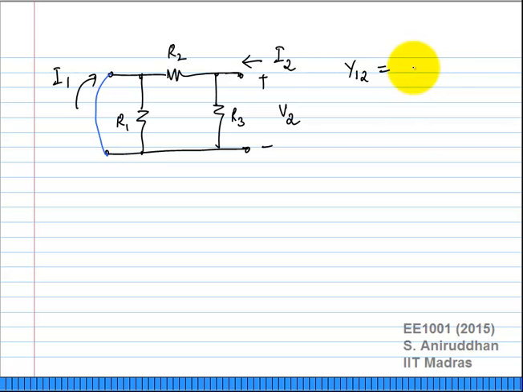Minus G2 again. Because you are applying a voltage V2 here, the current flowing through R2 is going to be G2 times V2, but in the direction of interest, it is minus G2 times V2. What is Y22? G2 plus G3.